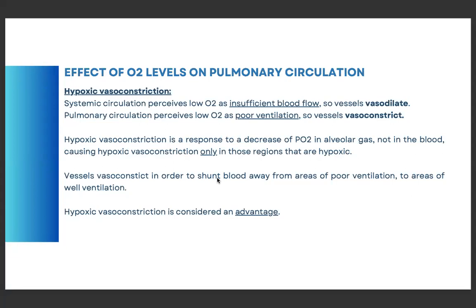So in response to the low levels of oxygen in the alveoli of the left lower lobe, the smooth muscle that's wrapped around the arterioles of the alveoli starts to vasoconstrict. So this basically shuttles the blood away from those damaged areas of the lungs and towards the healthy lung tissue, where the partial pressure of oxygen is higher and the blood can be oxygenated more efficiently.